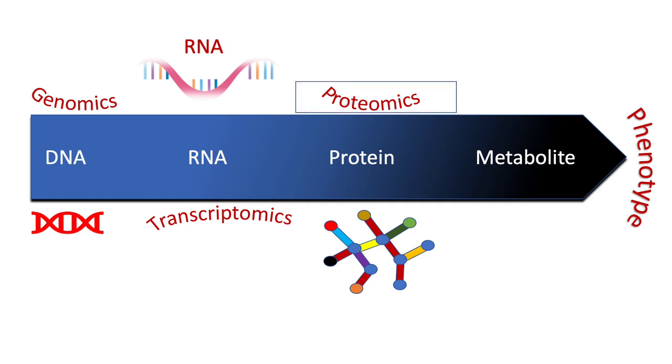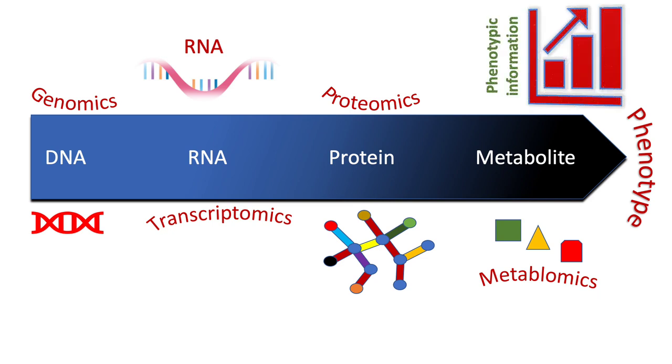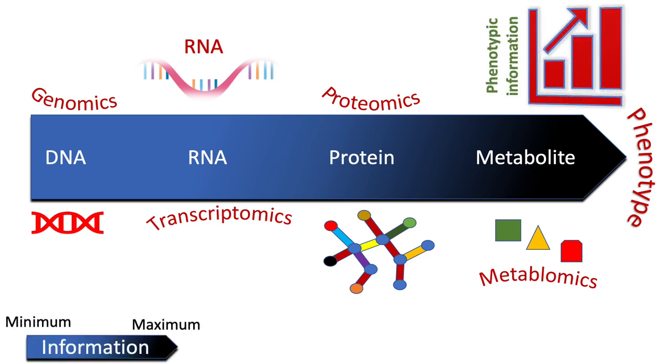Then, after the proteome, comes metabolomics. As we have talked about earlier, metabolites are produced by the metabolic processes occurring inside an organism, and together all these tiny molecules form the metabolome. Now, as we move from genomics to metabolomics, deeper information regarding the current state of an organism can be assessed.